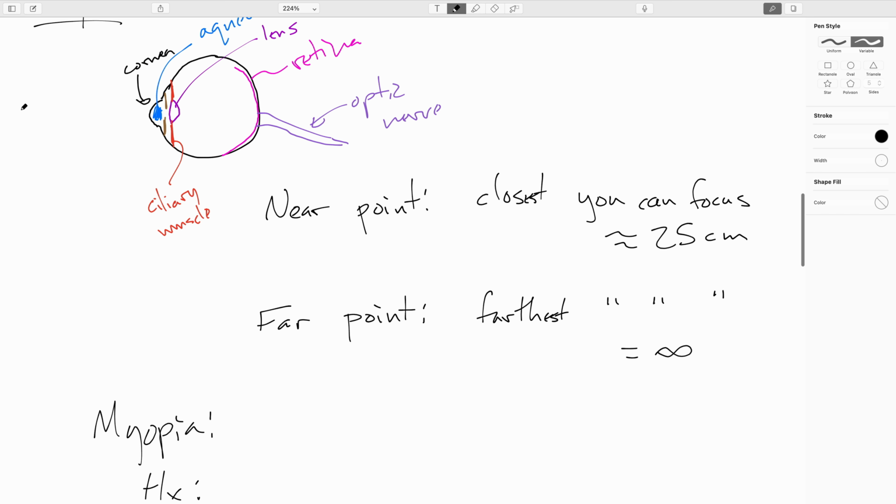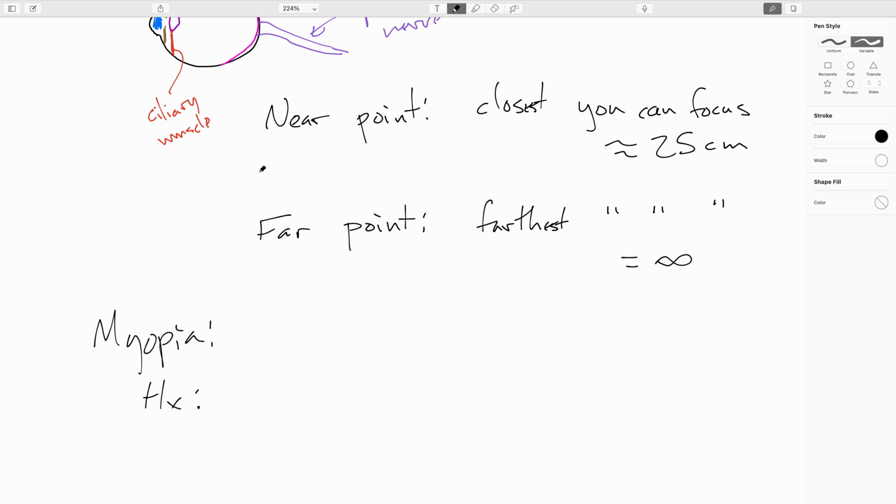If an object is parked out at infinity, and infinity for the eye is, believe it or not, usually just a few meters, you can't bring it to focus anymore. So this means that the patient's far point is less than infinity.